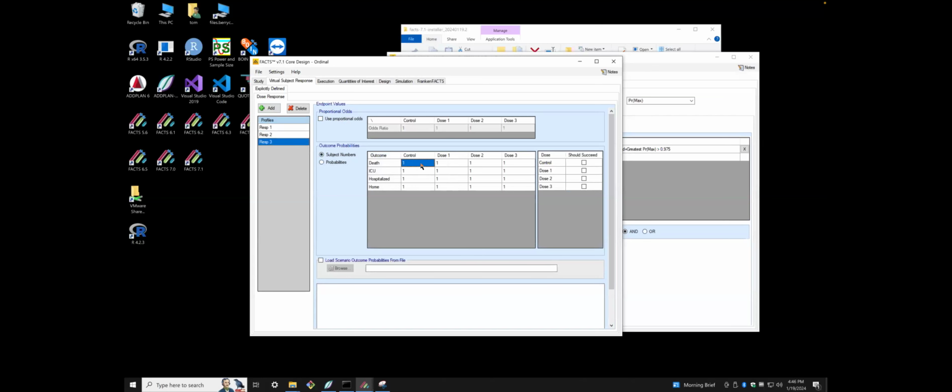2, 4, 12, 1. So perhaps the severe outcomes aren't changed, but we have less hospitalization. Maybe we have one where results are poor at the top, but better down here.